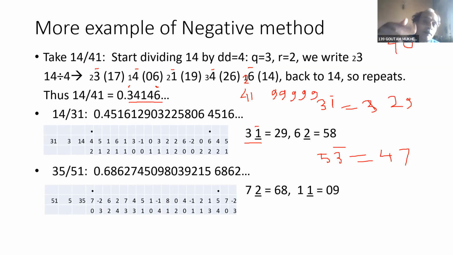That means 8 different cycles will be there. There will be 8 different cycles. Something 3, 4, 1, 4, 6, and 14 by 41. I have not shown here. All those are different cycles. 8 different cycles of 5 length each.